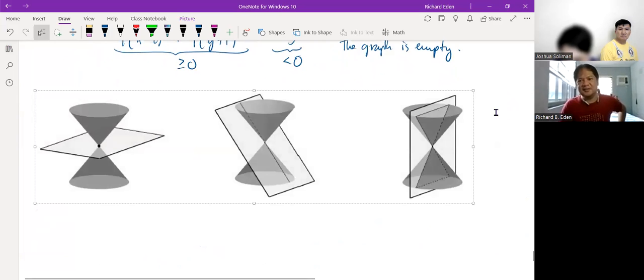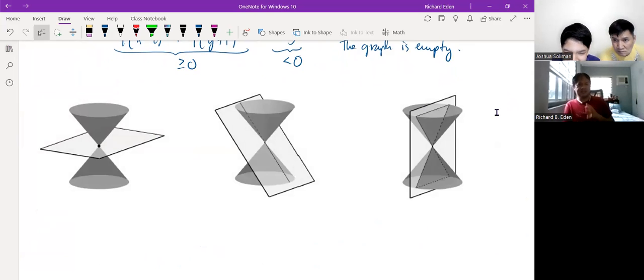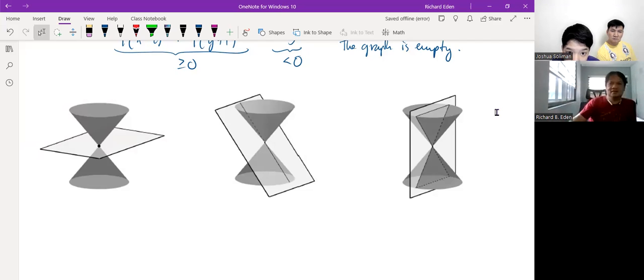Interesting. So you could tilt the plane, you could position the plane so that when it intersects the space which contains the two cones, you can see, as in the first illustration, you end up with just a single point. It's also possible.